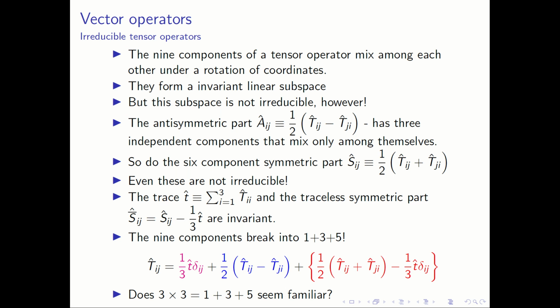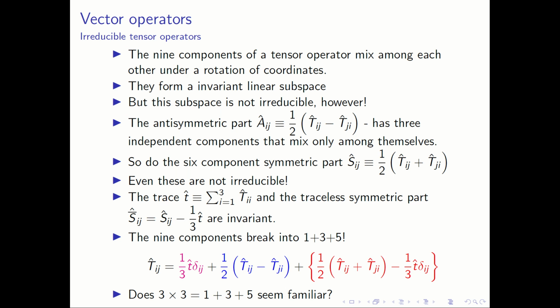So remember, we formed Cartesian tensors by taking direct product of vectors. That's basically the direct product of a 3-dimensional space with another 3-dimensional space. So you have 3 times 3, that's 9 of course, but this decomposes into 3 irreducible pieces, a 1-dimensional one, a 3-dimensional one, a 5-dimensional one.